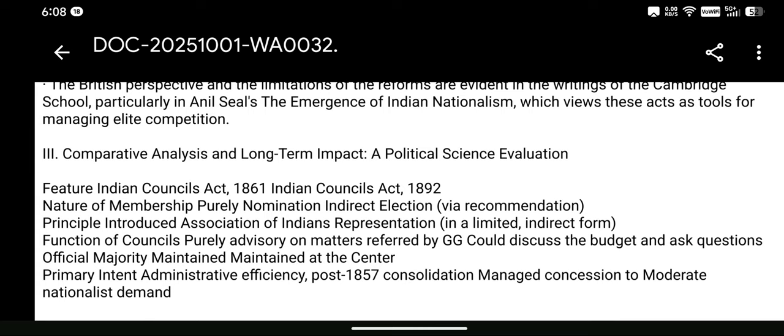Function of councils: purely advisory on matters referred by the Governor General, versus the ability to discuss the budget and ask questions. Official majority maintained at the center in both. Primary intent: administrative efficiency and post-1857 consolidation, versus managed concession to moderate nationalist demand.